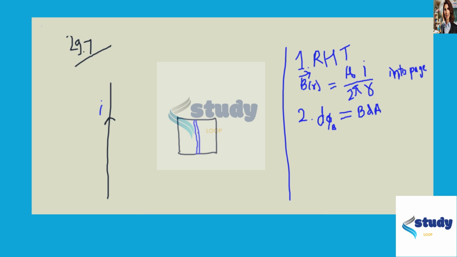So B times dA. B, you can copy from there, and dA: if this length is L and this small length is dr, then the area would be L times dr. So this is the flux of this small stripe.